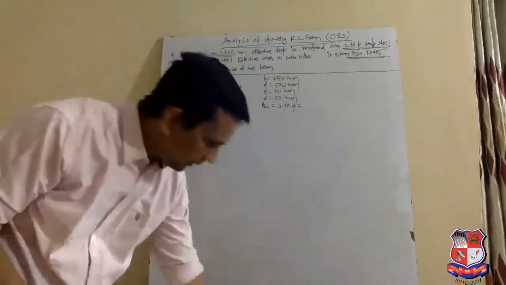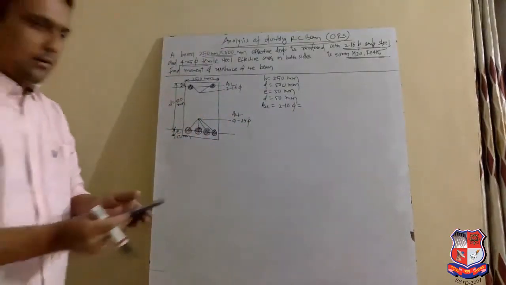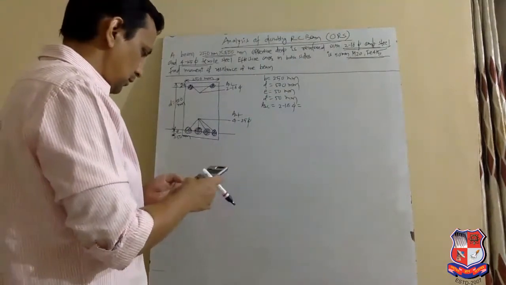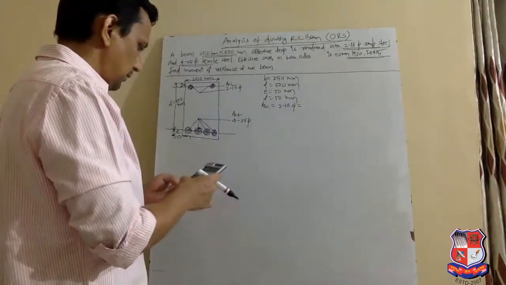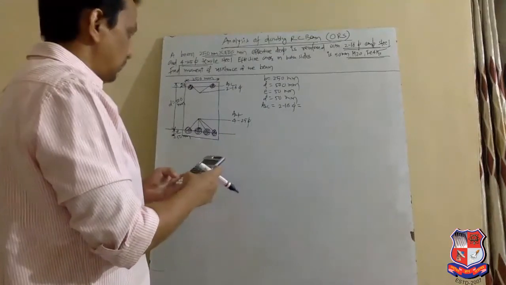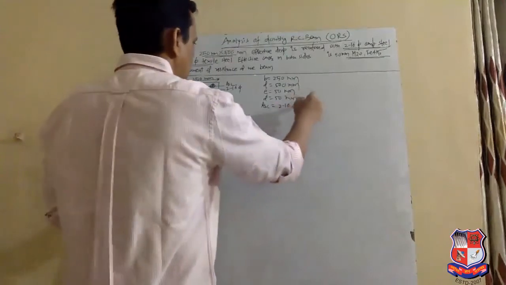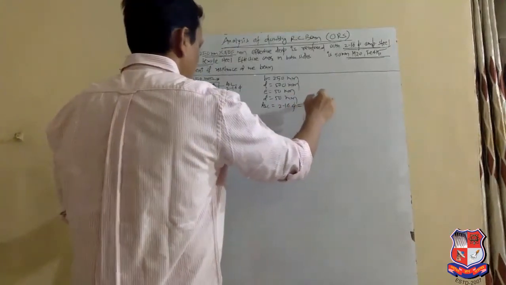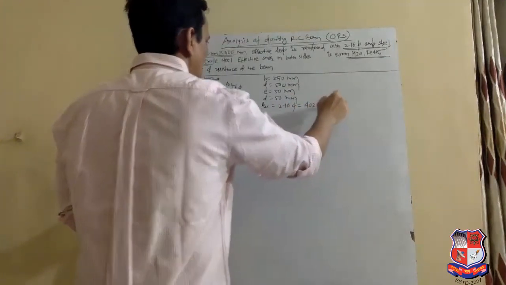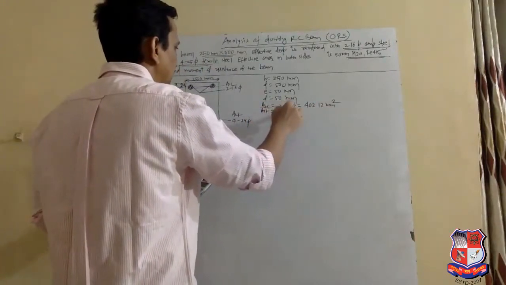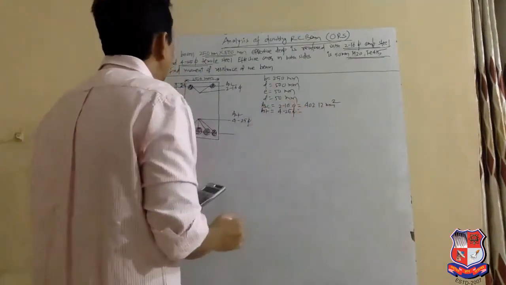So in this way we get the area 402.12 mm square and AST 4 number 25 dia.